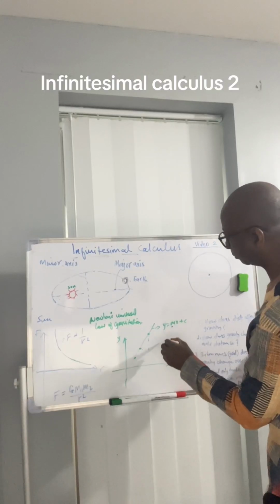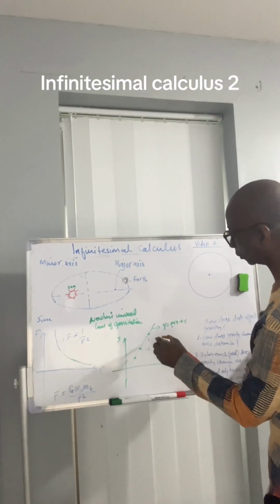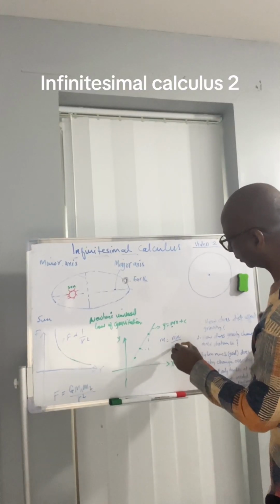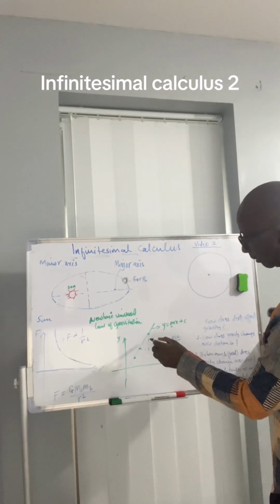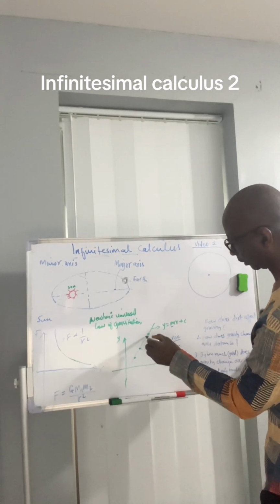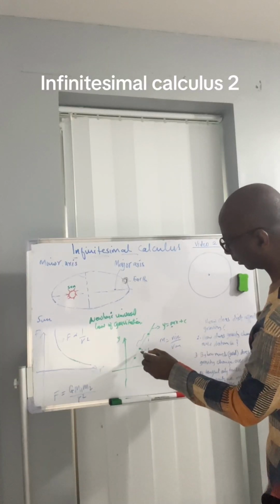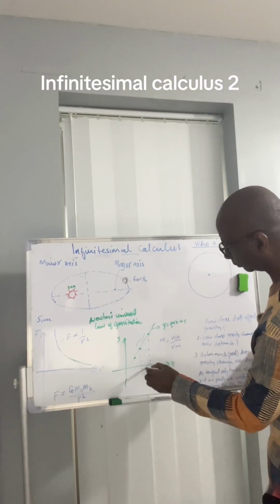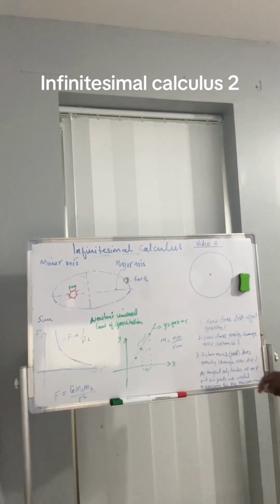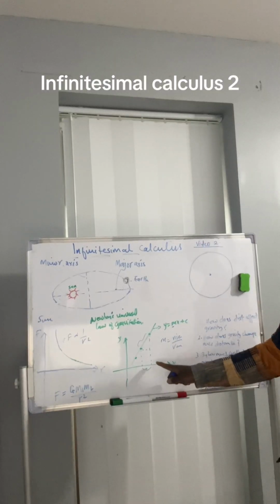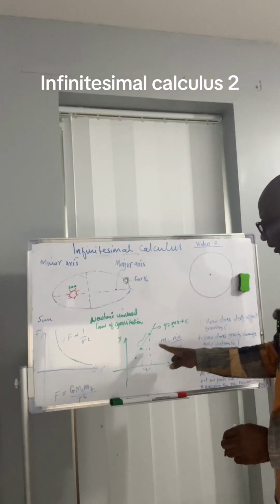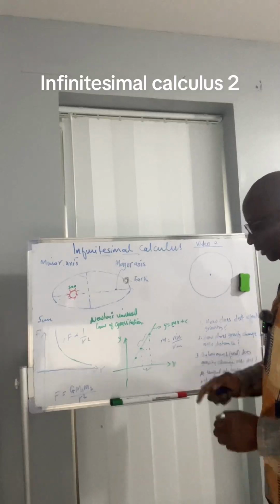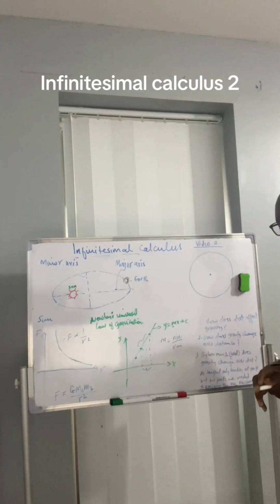The gradient is m, so m is equal to the rise over the run. The rise is the distance from this point to this point, and the run is the distance from this point to this point. So the rise over the run, this minus this over this minus this, you get the gradient.